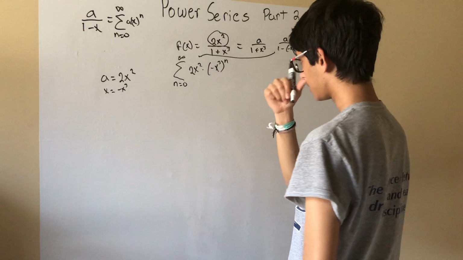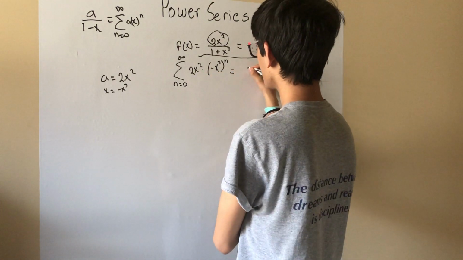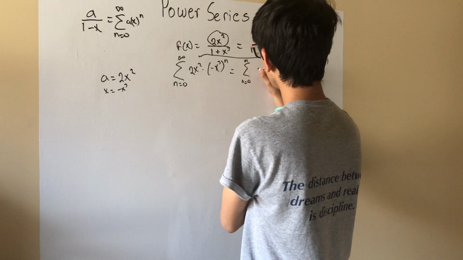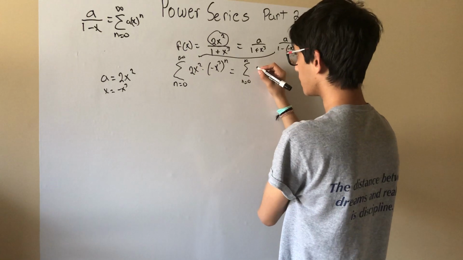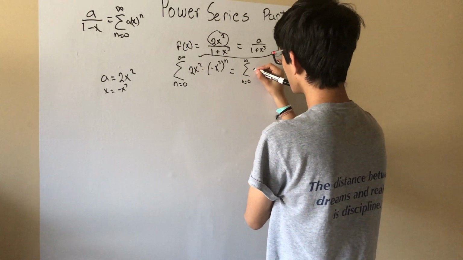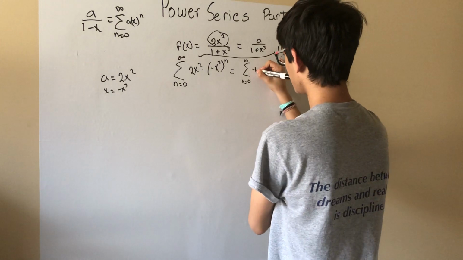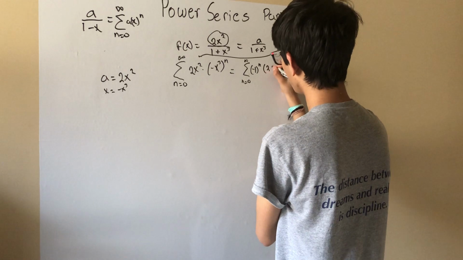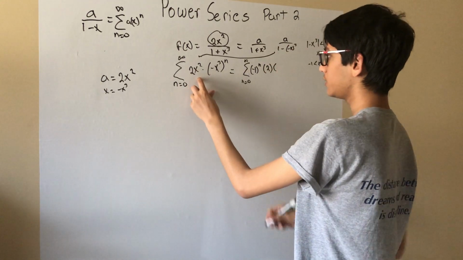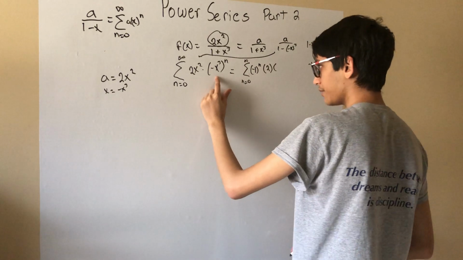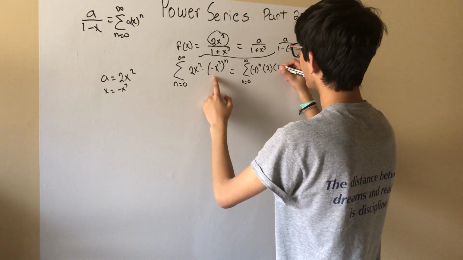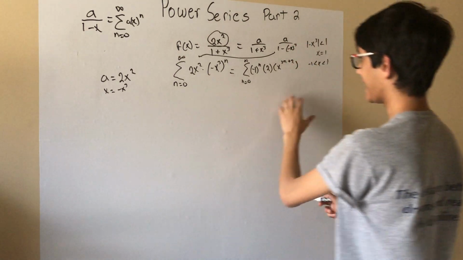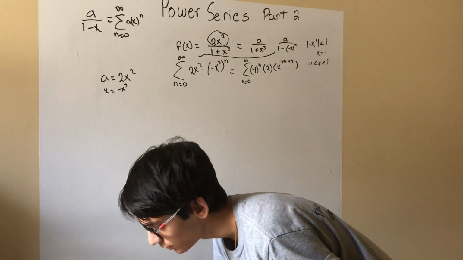So this is negative 1 to the n times 2 times x squared times x to the 3n, which is x to the 3n plus 2. And then that's what your value is, right?